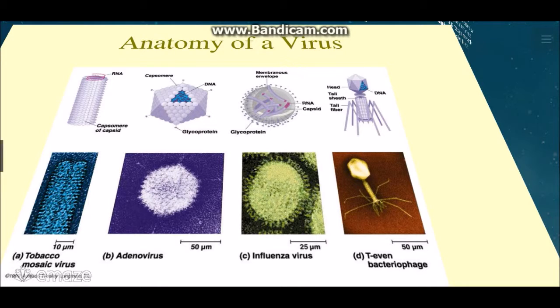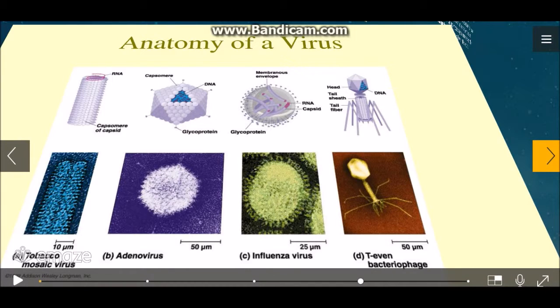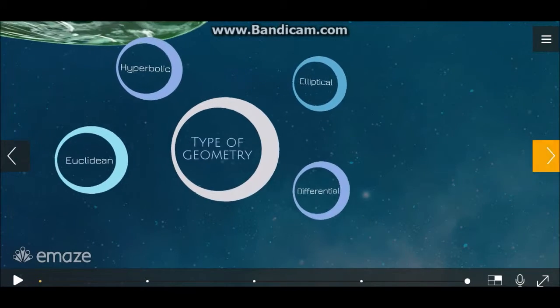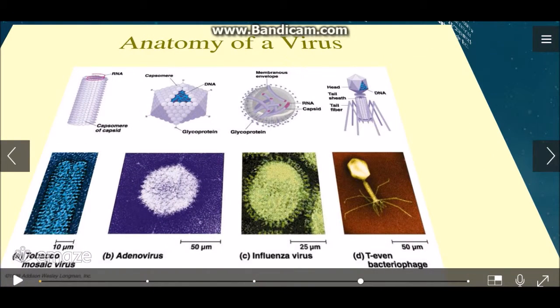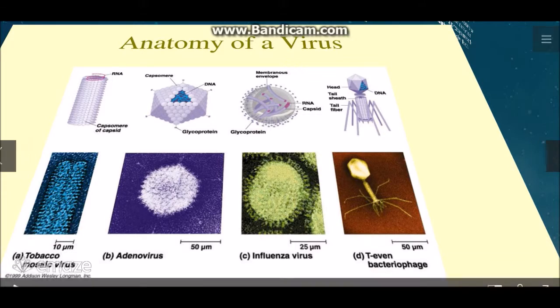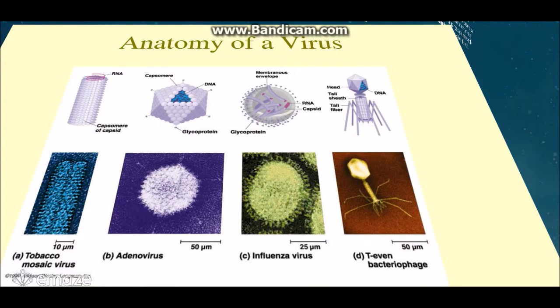So basically, I want to go through all the components over here. The tobacco virus is cylindrical, and it has a capsule or capsid. Basically, it's kind of like a membrane. It's going to block all other components from invading.